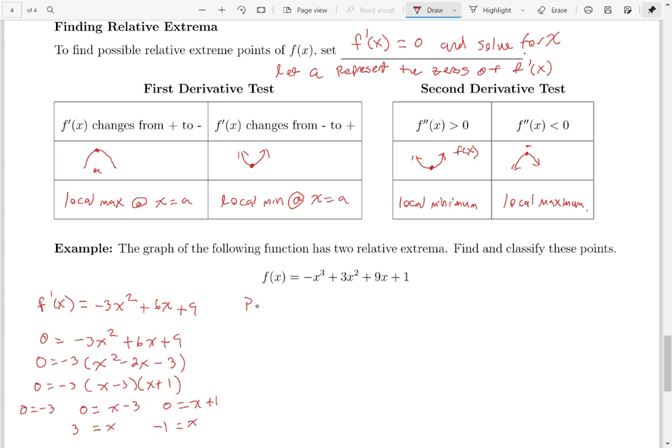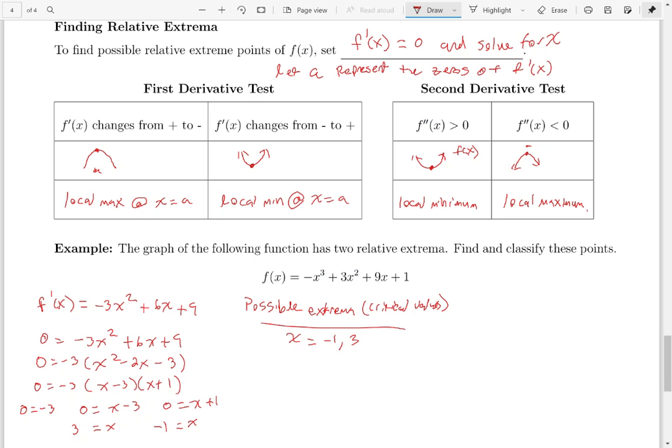So now I claim that the possible extrema, and sometimes these are called critical values, are x is equal to negative 1 and 3. Now, when I say possible, I made sure I said possible because I can't guarantee that either of these are extrema, but they may be.